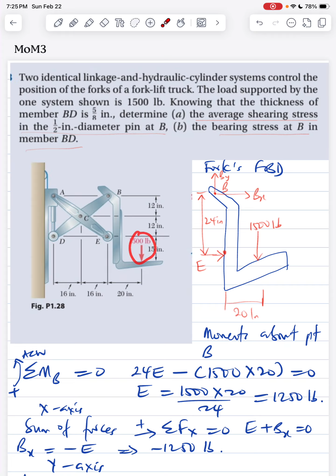Here we're assuming it's a concentrated load, or point load, at this point, which is 1,500 pounds, and it's acting at 200 inches, in terms of distance with respect to point B.